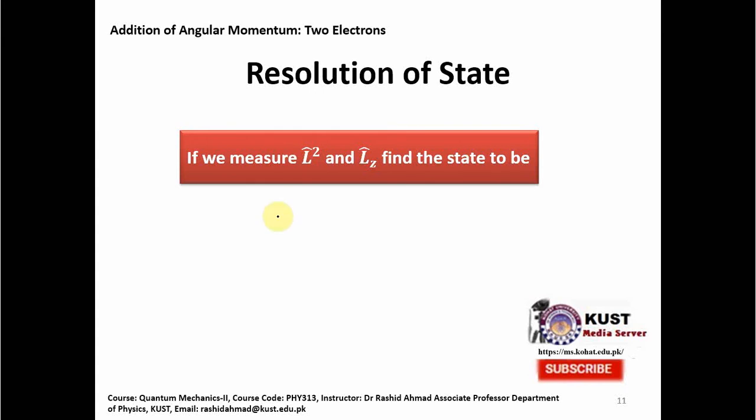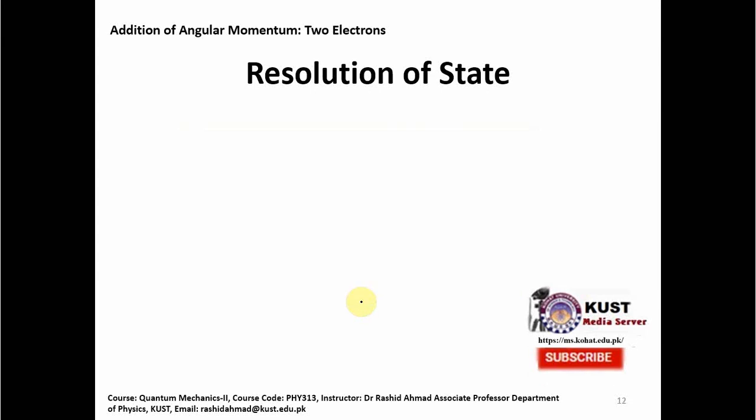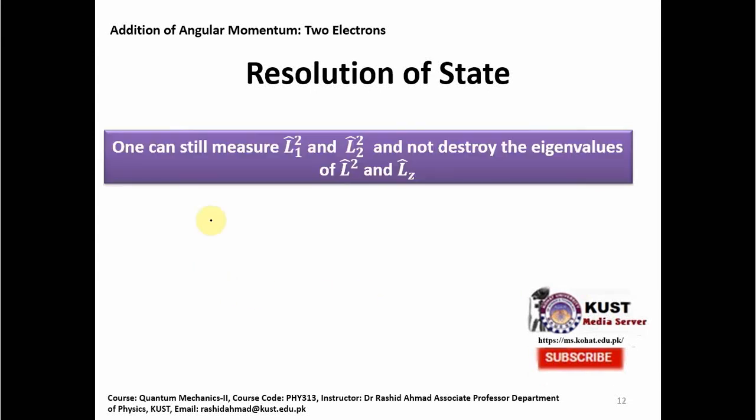So let's say we measure L square and Lz and find the state to be this one, |L M⟩. The question is whether this state can be resolved further. Now you know that we can still measure L1 square and L2 square and not destroy the eigenvalues of L square and Lz.